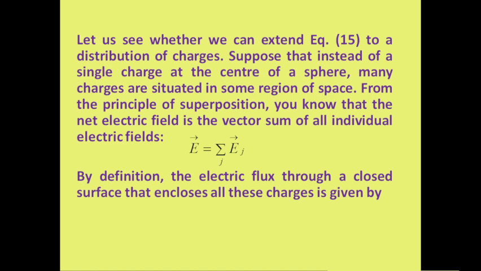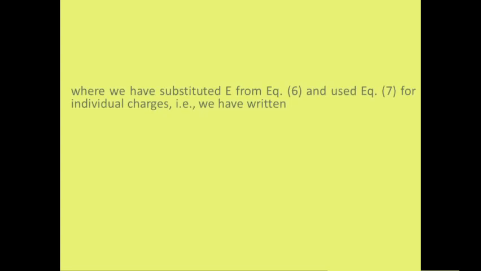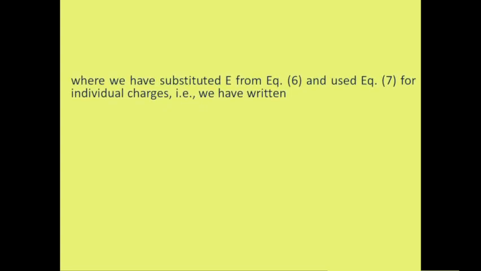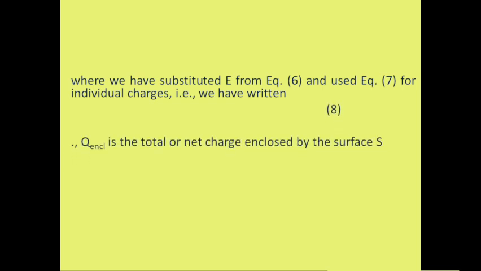By definition, the electric flux through a closed surface that encloses all these charges is given by, we have written the equation for a single point charge. If we have a number of charges, then we will have the field for each individual charge, given by the principle of superposition.